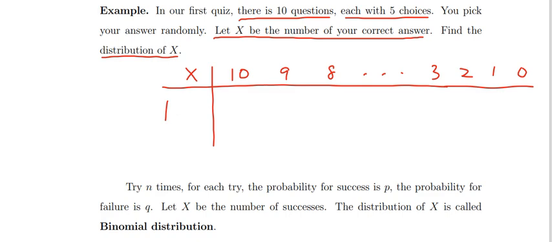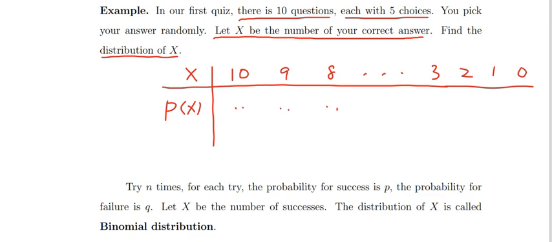Then we need to find the probability for each one. Okay, so we say, oh, this is too much work. This table is too long, so we don't want to use this big table to denote the distribution.